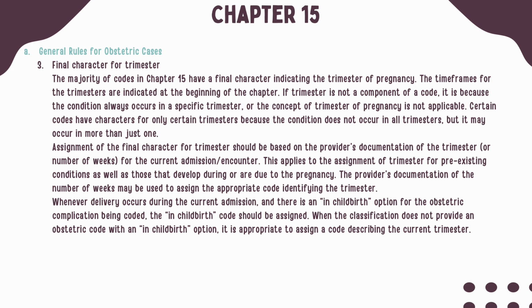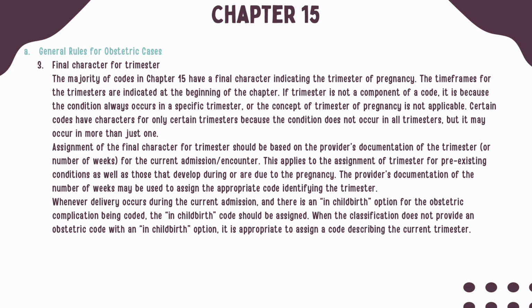Also, there are some codes that have final characters for certain trimesters because the condition may not occur in every trimester, but it can occur in more than one. For instance, you may have a condition that is only present in the second and third trimesters. Assignment of your final character for trimesters should be based on the provider's documentation of trimester or weeks for the current admission or the encounter. When a patient has been admitted and a delivery occurs during the current admission, you should look for the option that states in childbirth.